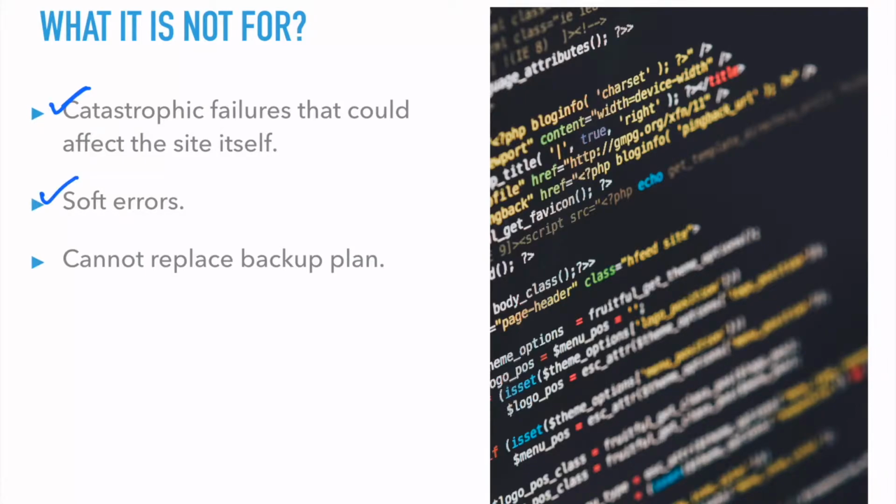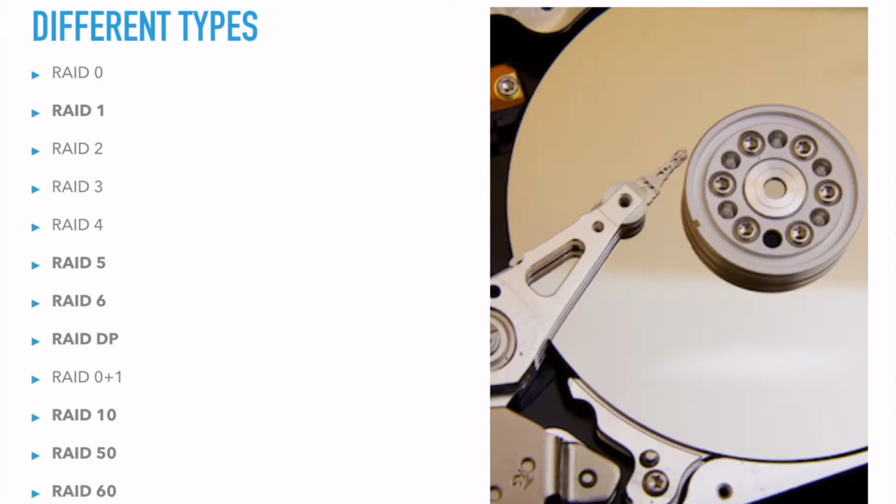So if there's an application bug or there's a user error, RAID is unaware of this. RAID will not be able to protect the data in such scenarios. No way it replaces the backup plan. Whatever kind of technology you're using in terms of RAID or in terms of DR or in terms of high availability clusters, etc., your backup plan is very important. Nothing can replace it.